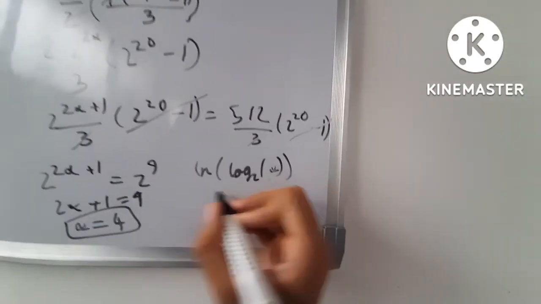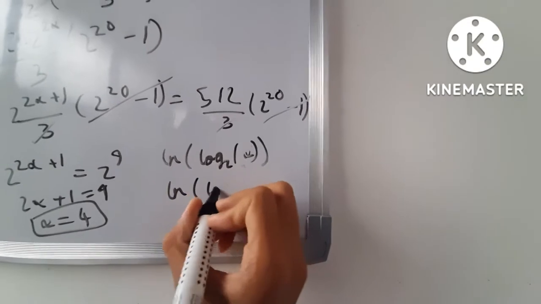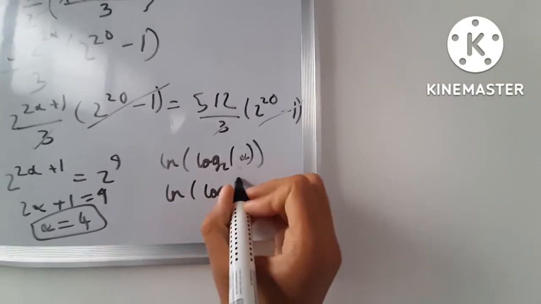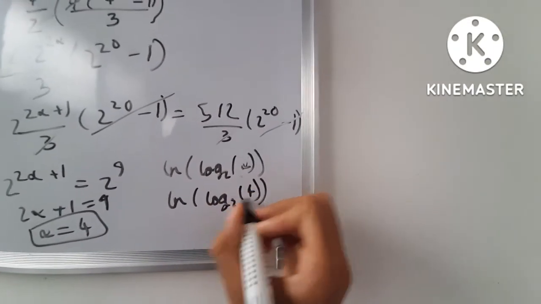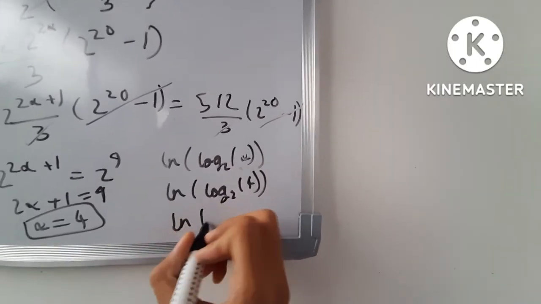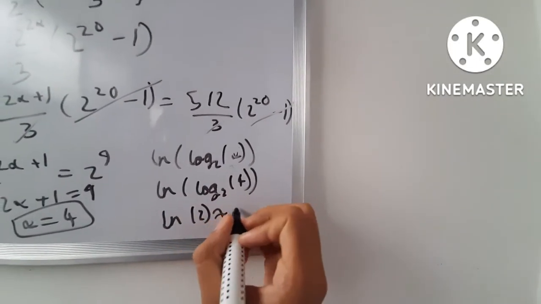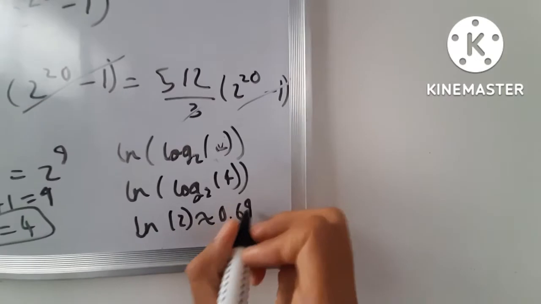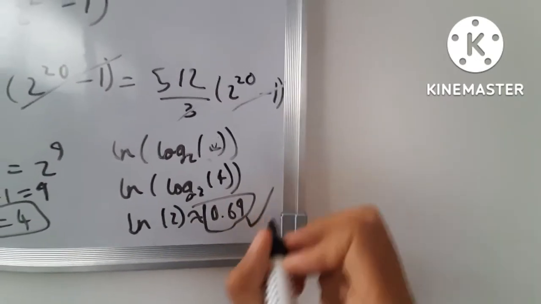So what we get is ln of log base 2 of 4, and log base 2 of 4 is 2. So we get ln of 2, that is approximately 0.69, and that is nice.